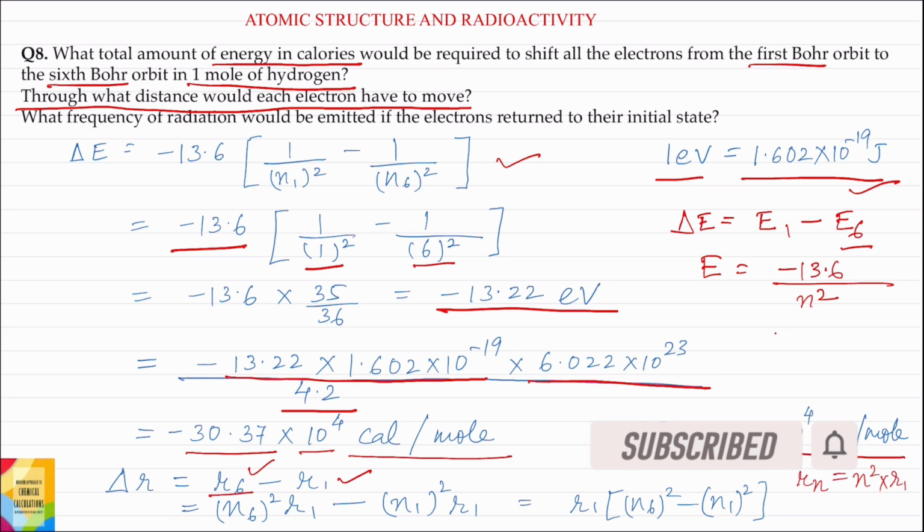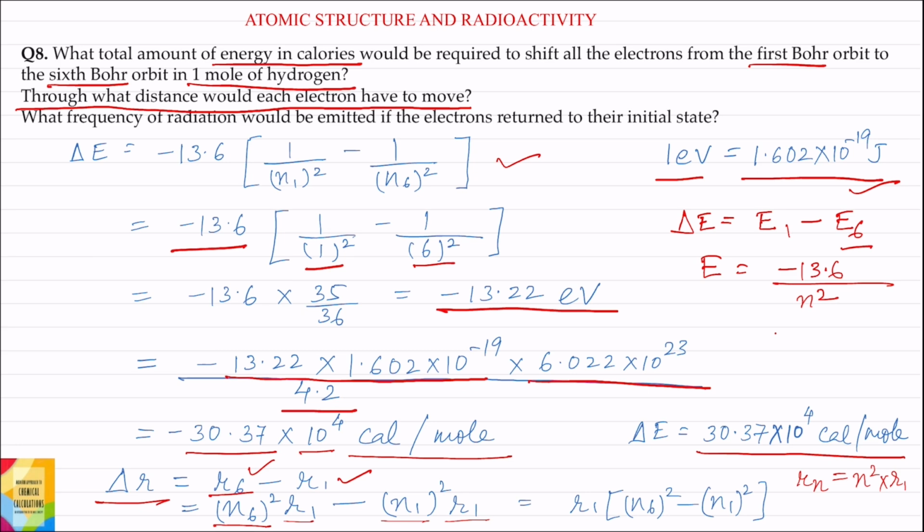So the value of R6 will be equal to n6 square R1, where n6 is the sixth orbit, and the value of R1 will be equal to n1 square into R1, where n1 is the first orbit. We take the difference of both and we get delta R, that is the distance that each electron will have to move.